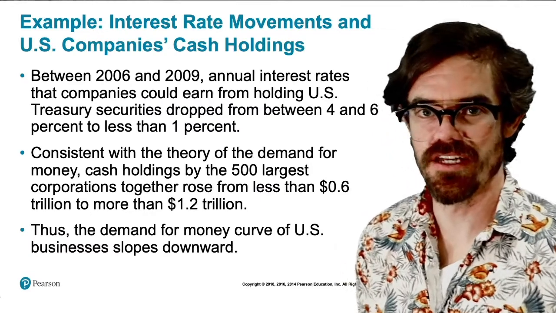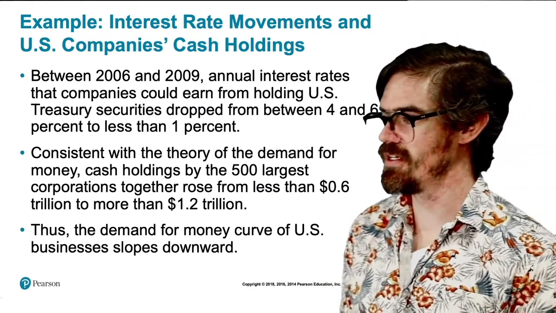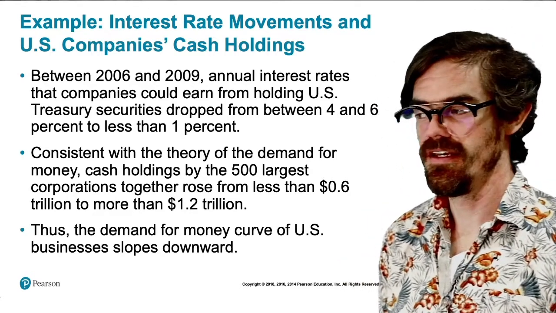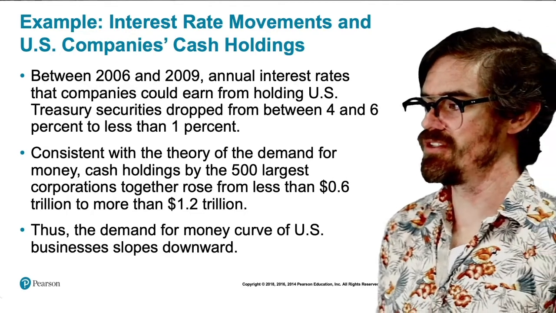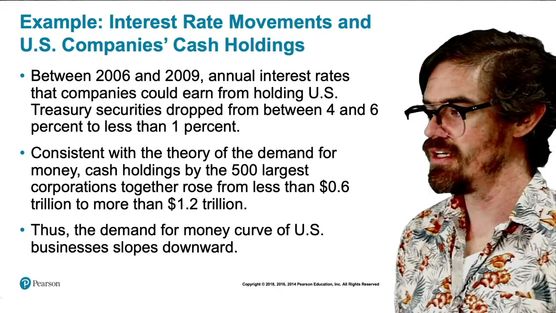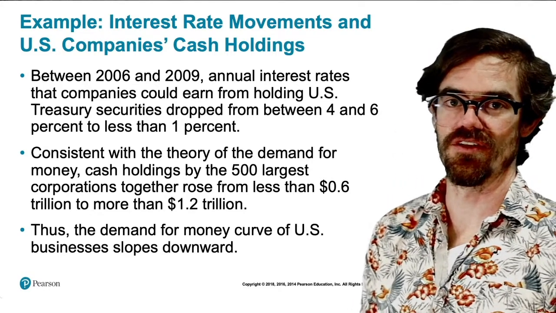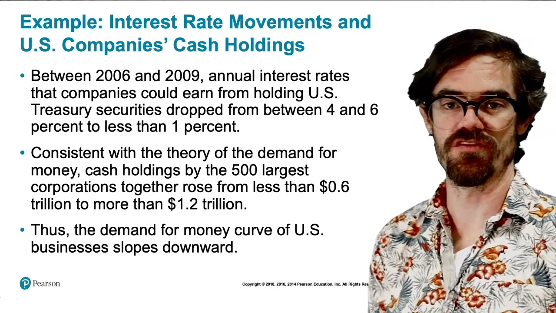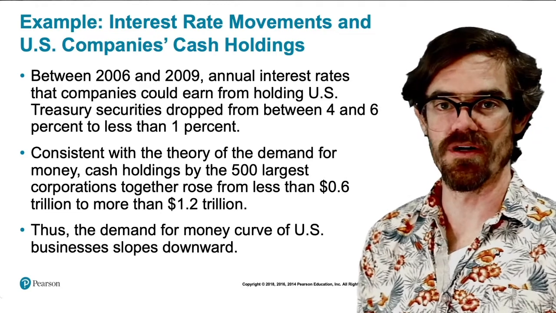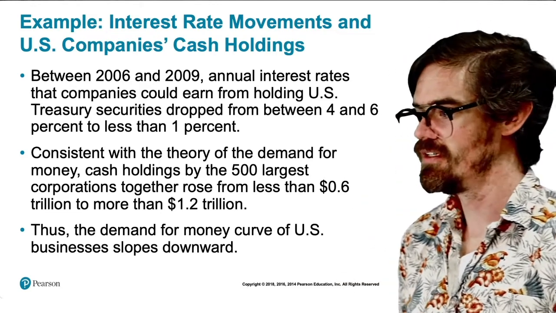Okay, so let's take a look at an example regarding the demand for money: interest rate movements and U.S. companies' cash holdings. Between 2006 and 2009, annual interest rates that companies could earn from holding U.S. Treasury securities, which are bonds, dropped from between 4 and 6% to less than 1%. So they were getting less in return for holding bonds, which is a way to hold money for precautionary or asset purposes.